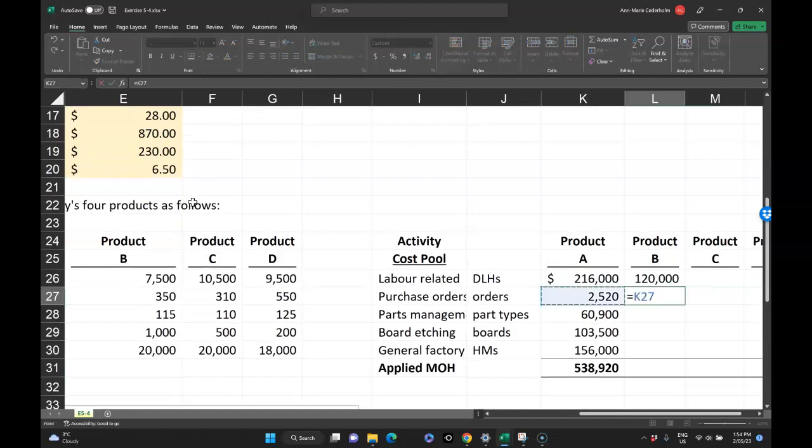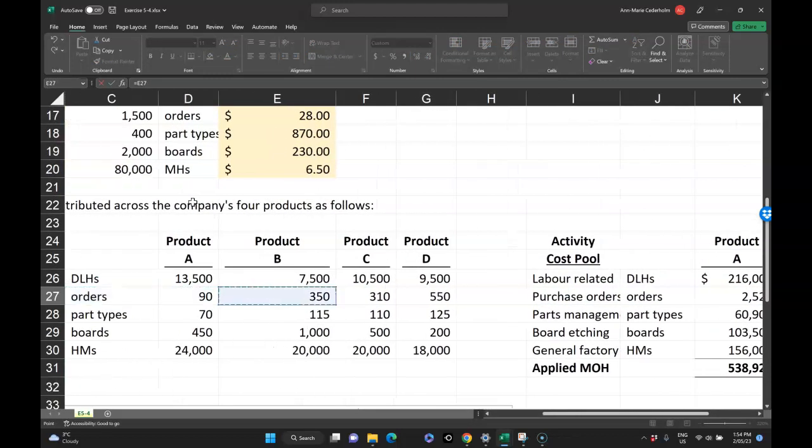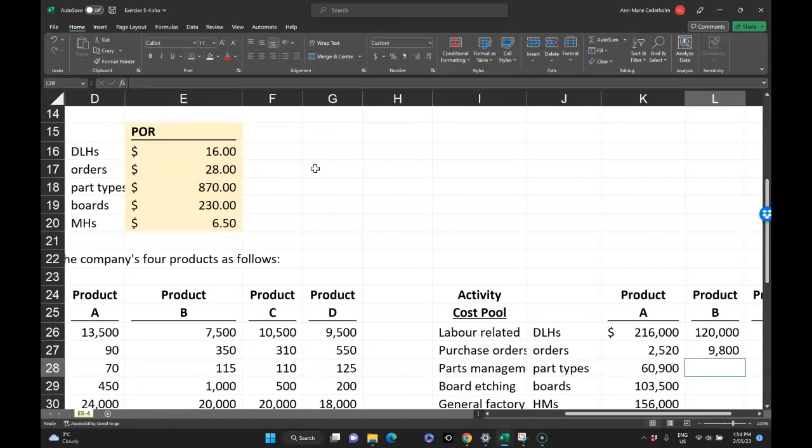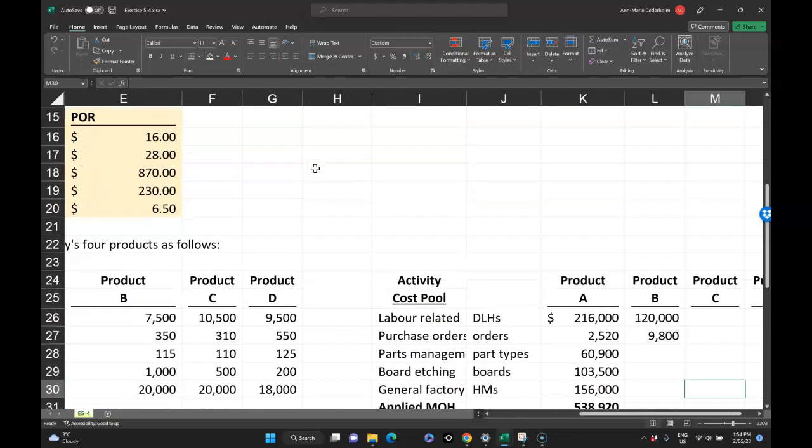With purchase orders, product B has 350. So this is going to be higher than A because A only had 90. So I'm going to take 350 and then multiply that by the same predetermined overhead rate. So notice that for all of the products, the activity is changing, but I'm using the same predetermined overhead rates on all of them. So that one's 9,800.